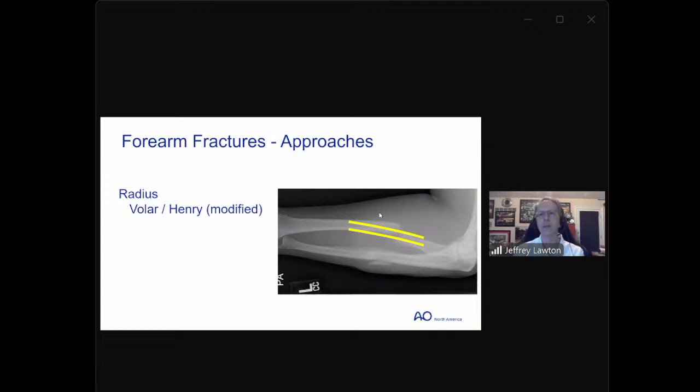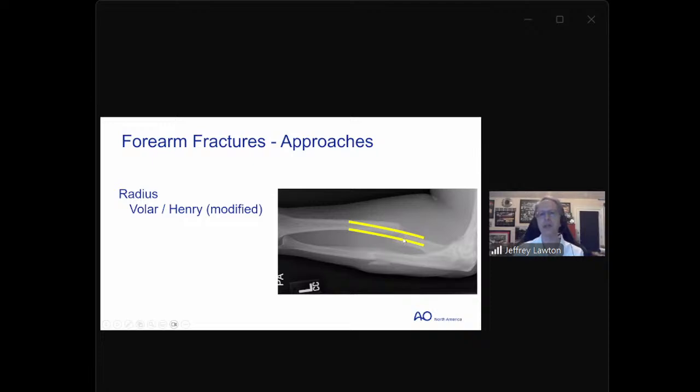So again, Nikki sort of brought up the concept of, where do I think I can get my fixation? So I sort of overlaid this proximal radius fracture, and this is sort of where a traditional small frag compression plate would go.